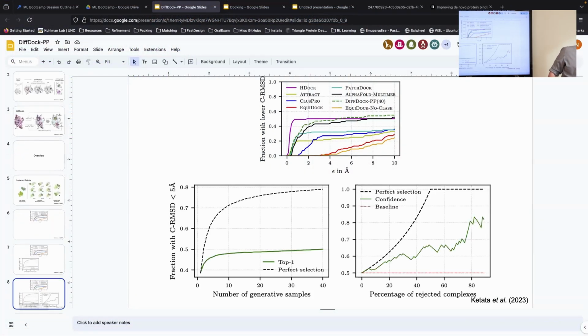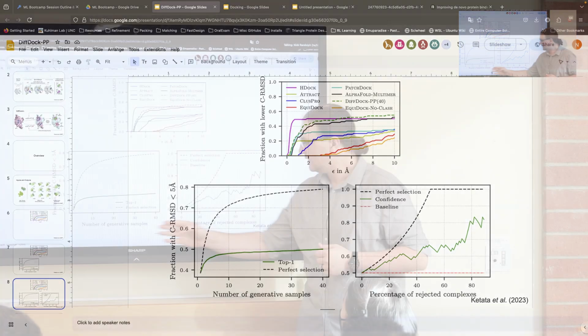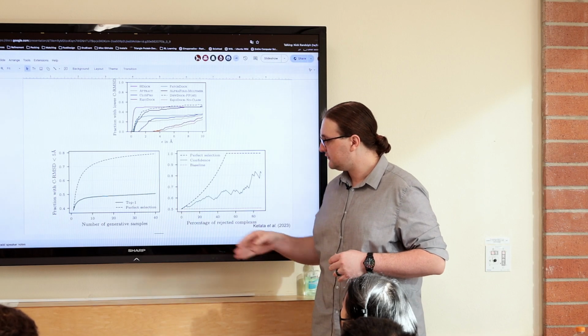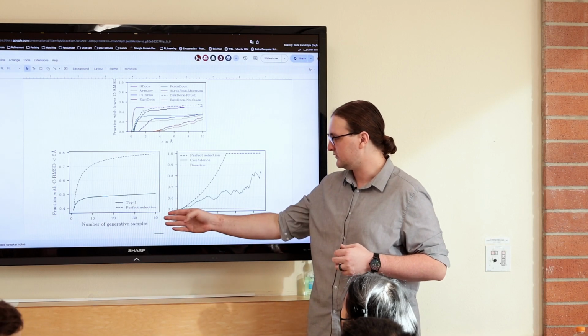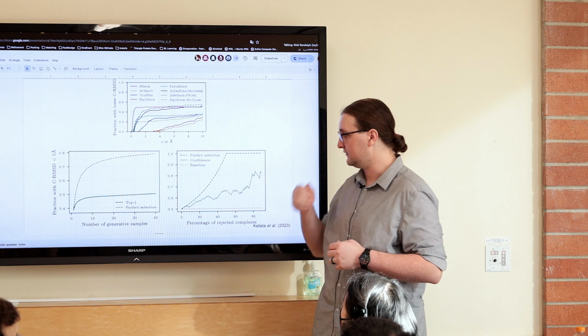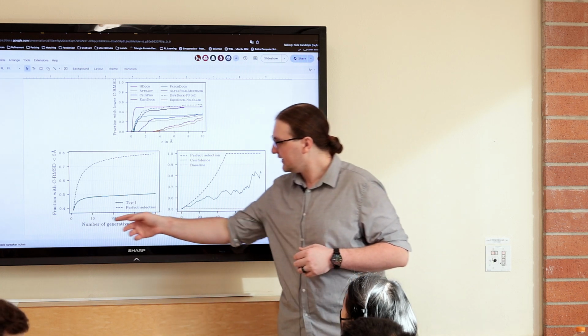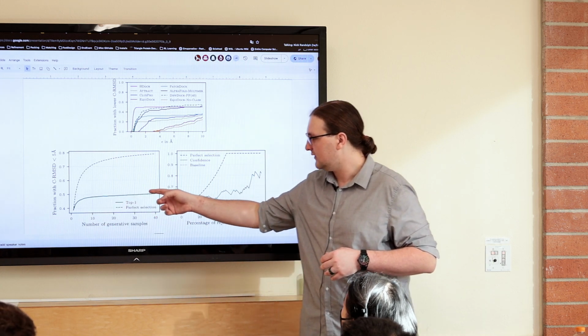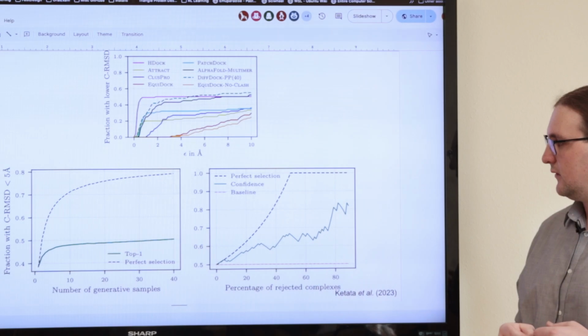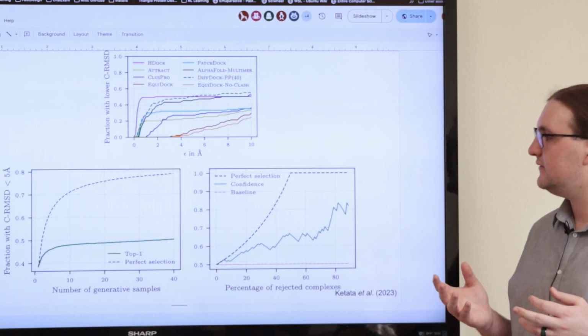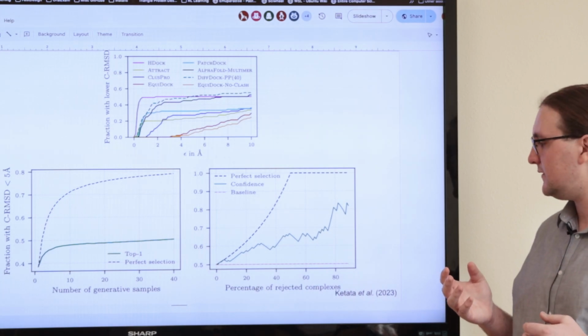This is kind of comparing how good the confidence model is, as well as how good the predictions are as you start scaling up the number of predictions. So as you add more generative samples, if we're sampling from 0 all the way up to 40 different samples, we get a slow increase in the number of poses with a low complex RMSD.